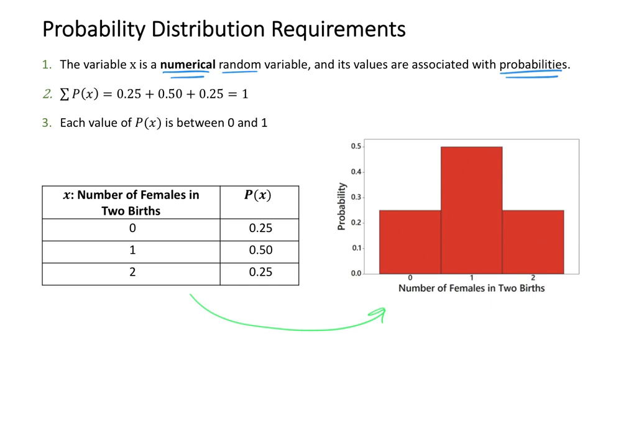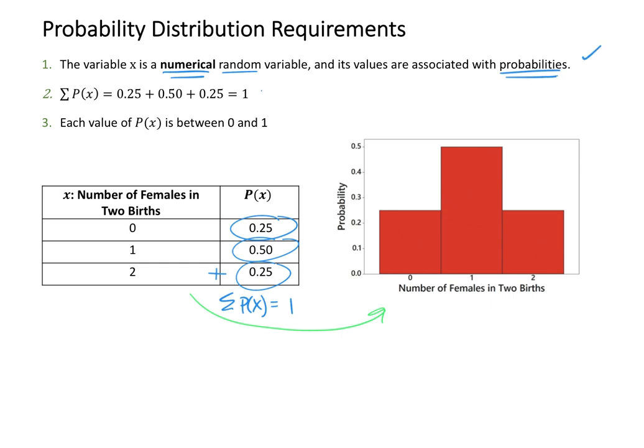The second requirement is that when we take a look at the individual probability for each possible outcome, and we add them up, the sum of all those individual probabilities has to add up to 1. And here we see that it does. Okay, so 0.25 plus 0.5 plus 0.25 does add up to 1. So that second one is met.